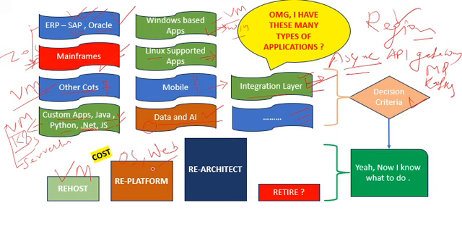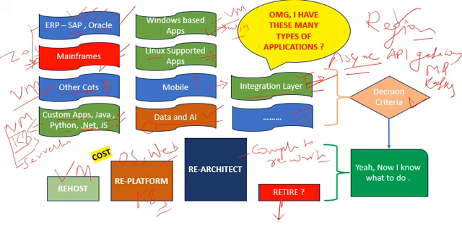Or a different kind of Kubernetes you want to containerize. Re-architect means complete rewrite, correct? So you will have to redesign the entire application, including your model, view, controller, all the layers, right?